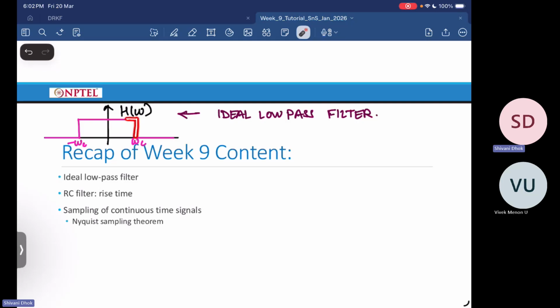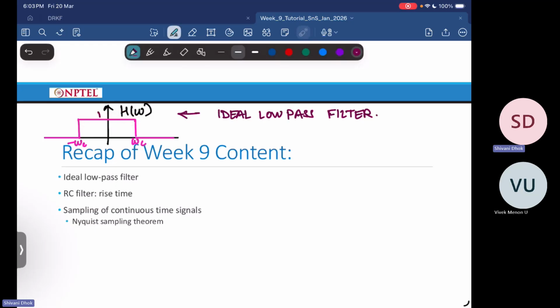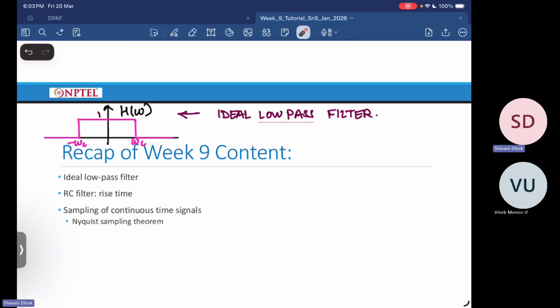There is a sharp transition between the pass band and stop band, or in other words, the transition does not occupy any band, there is no transition band. Such a filter is an ideal low pass filter. Furthermore, the amplitude of the filter in the pass band is 1, and in the stop band it is 0.